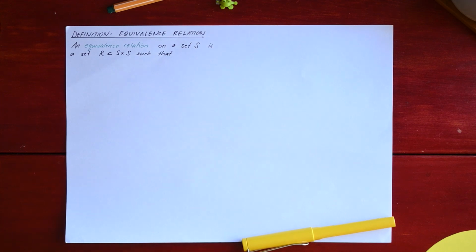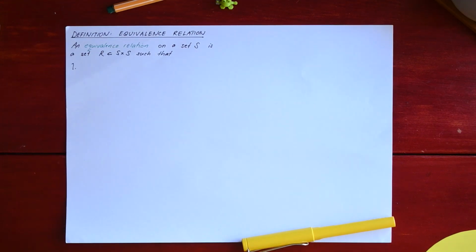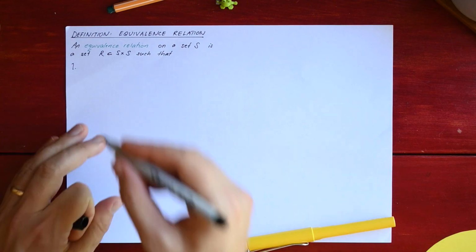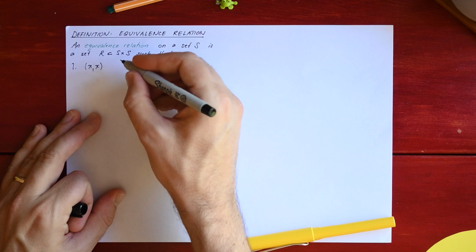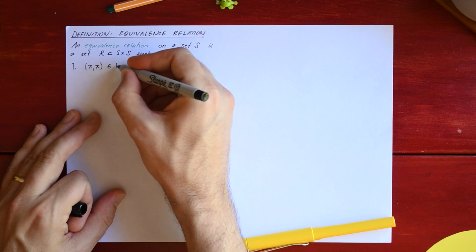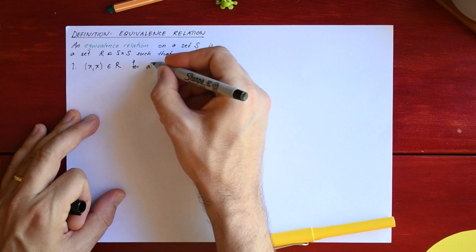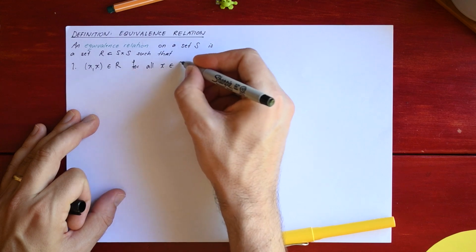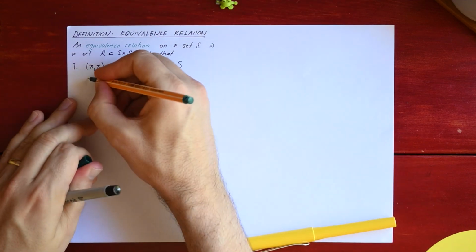First one is that a member of the set has to be equivalent to itself. So this first property is that (X, X) has to be a member of the equivalence relation for every X in S. And this is known as the reflexive property.